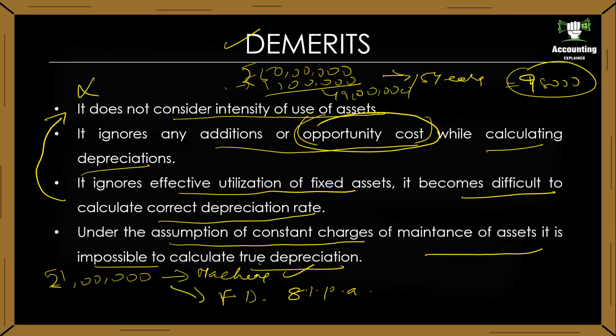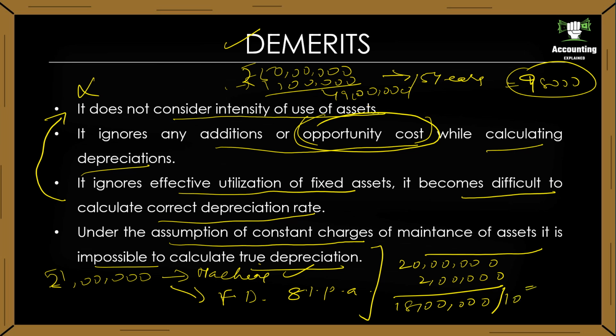Suppose a manufacturing company purchases a new machine for rupees 20 lakhs. The scrap value is 2 lakhs. So the amount to be taken for depreciation is 18 lakhs and the estimated life is 10 years. So the depreciation to be charged every year will be 1,80,000.